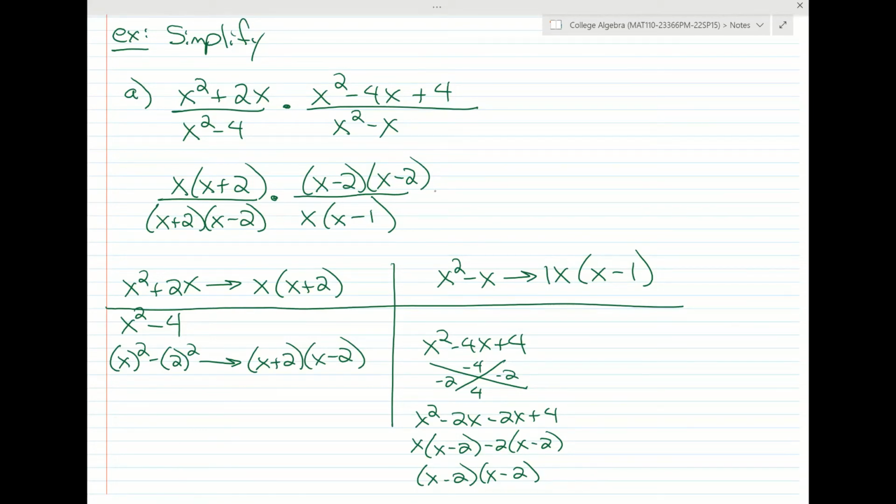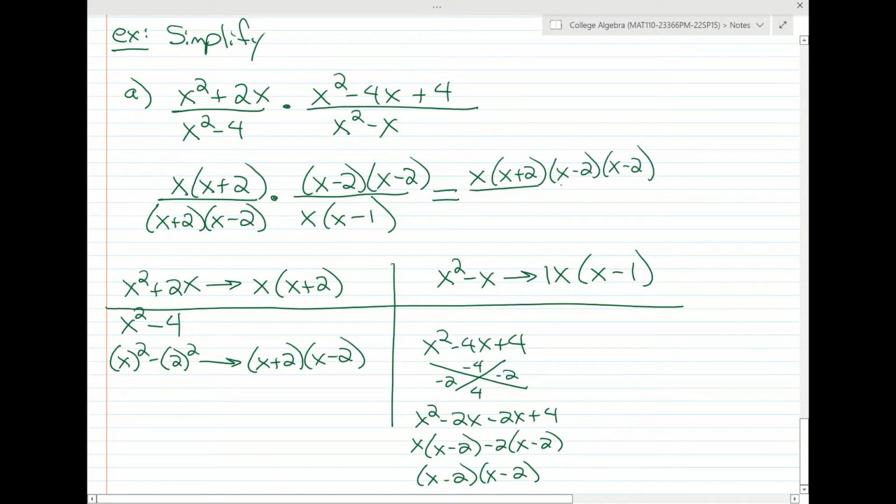Okay, so when we multiply, on top we just get x times x plus 2, x minus 2, x minus 2. On the bottom, if we multiply straight across, we get x times x minus 1 times x plus 2 times x minus 2.